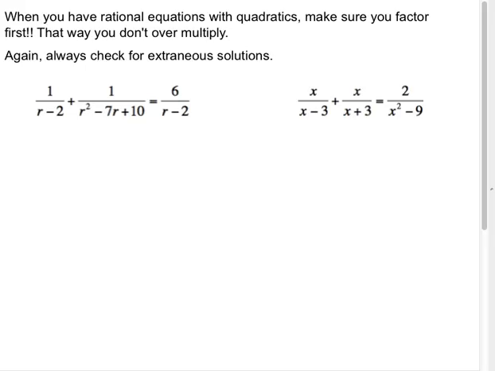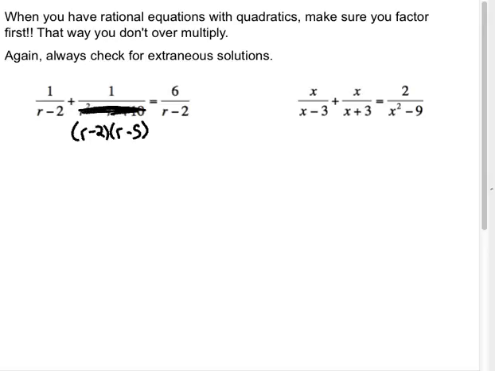Oh, I'm sorry. So now let's see what happens when I have something that looks like this. In this one, notice now I have a factoring that can happen. Oh, not x, that's going to be r. So this is really r minus 2, r minus 5.